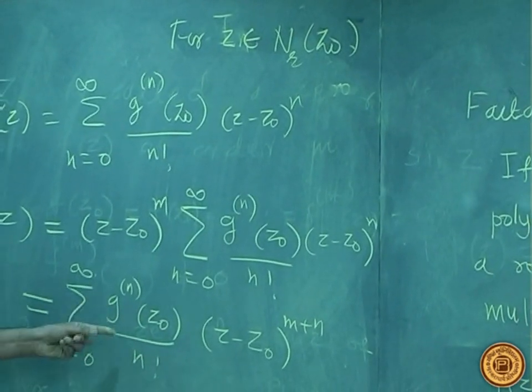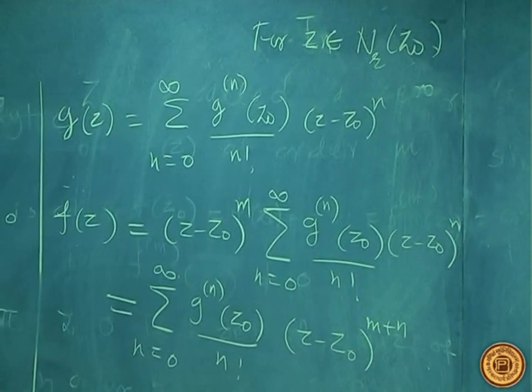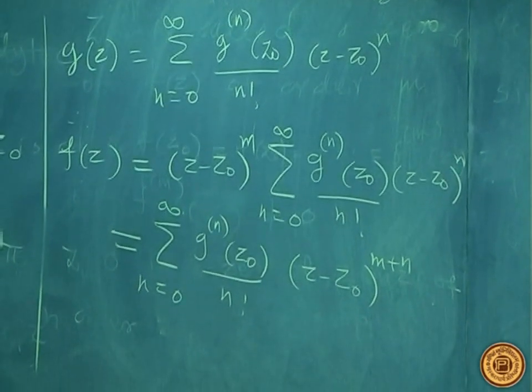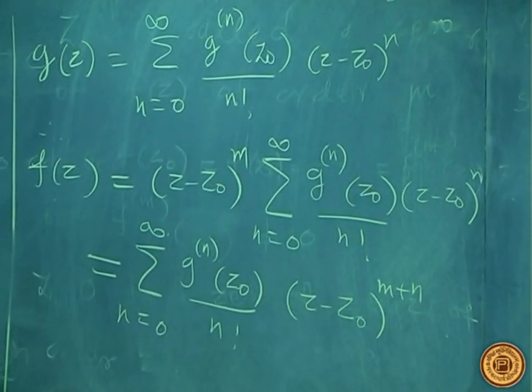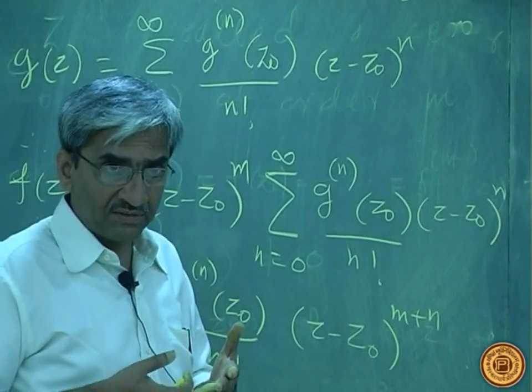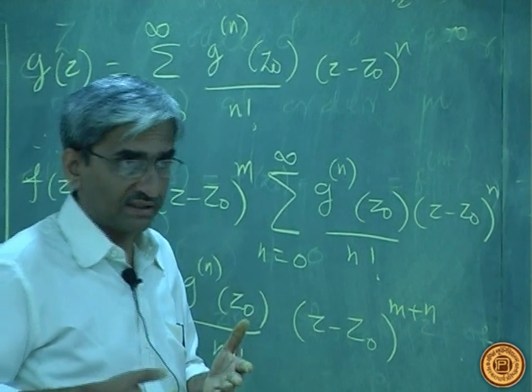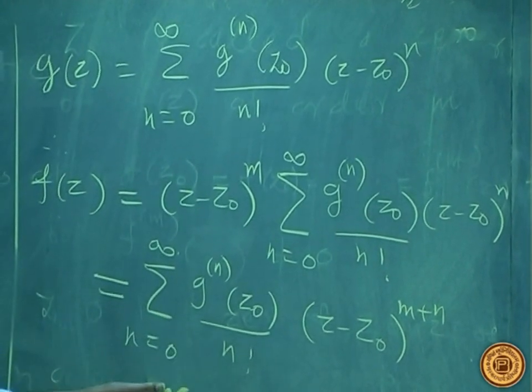So these coefficients must be the coefficients as they would have appeared in the Taylor series expansion of F, but they are what? Derivatives of F, that is f(z naught), f dash z naught, f double dash, like that. Now what is the constant term in this? It is 0. Do you see that?